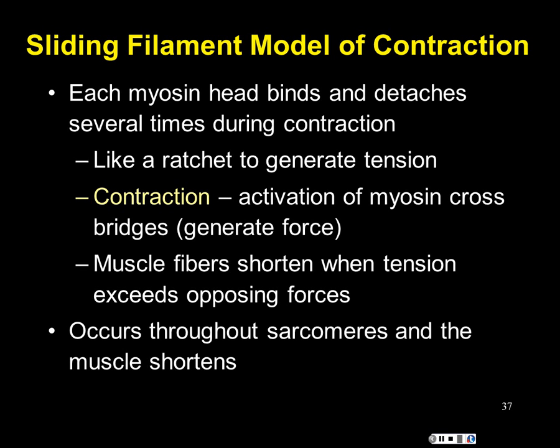It generates tension, allows for movement, or we can say contraction. So we're not only shortening the muscle, we're generating force to move the muscle cell and the muscle organ, ultimately.